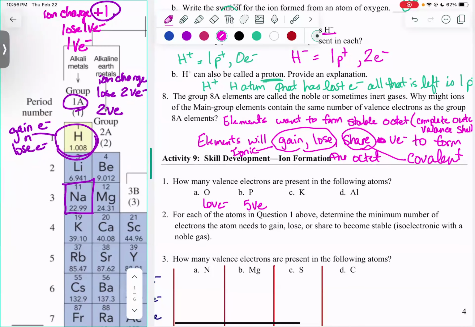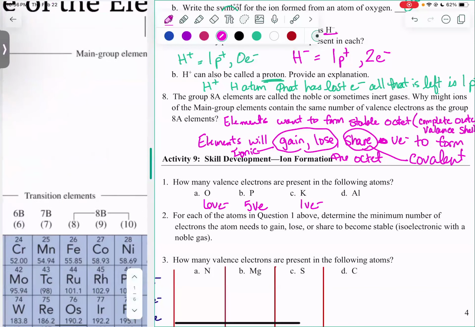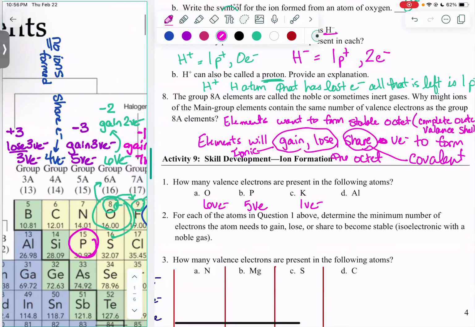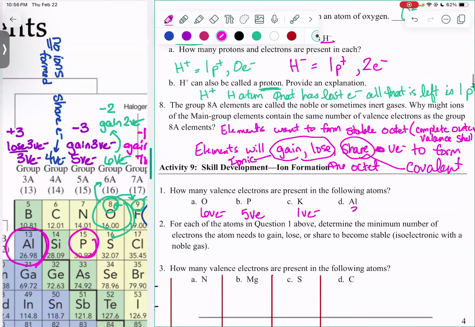K, potassium, group 1A, so it's going to have 1 valence electron. Aluminum, right here in group 3A, so it's going to have 3 valence electrons.